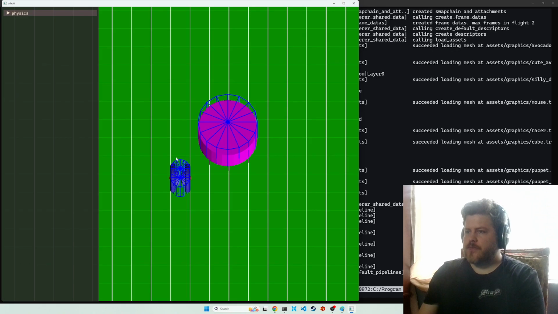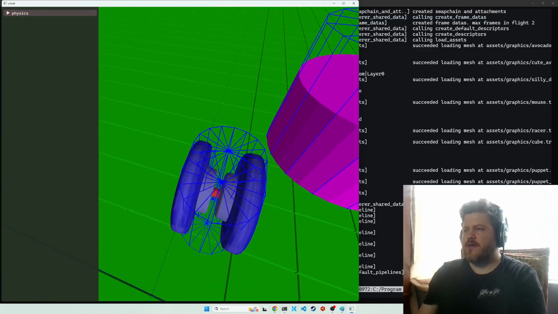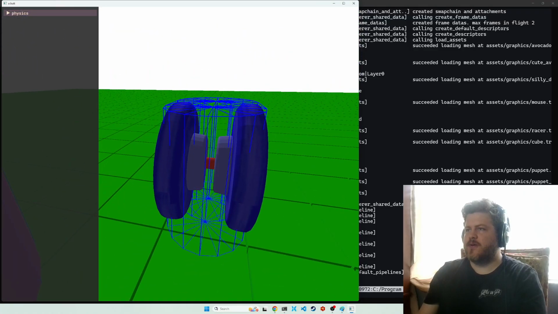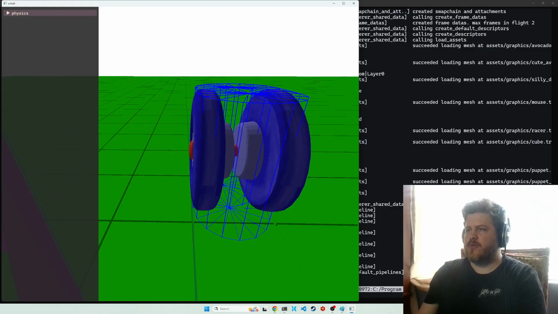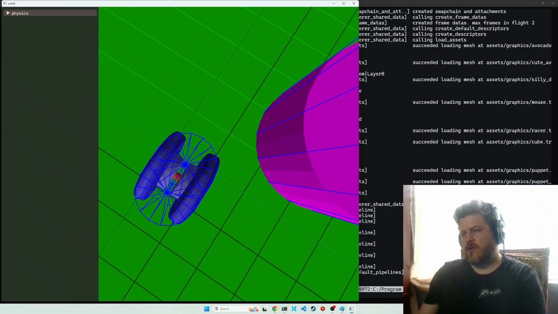Okay, so that's pretty visible. If you don't know what it is, you might not know what you're looking at, but I think it's a good collider. Should be pretty solid, and it's a little bit forgiving too, I think. Okay.